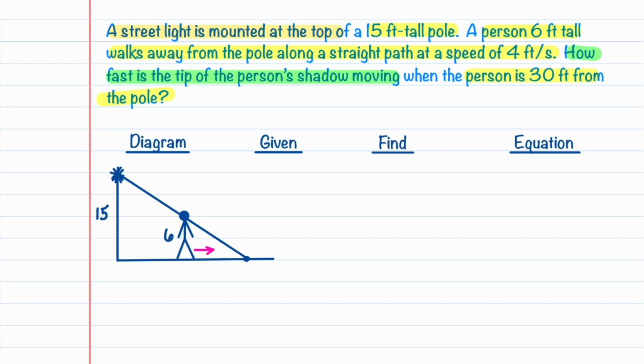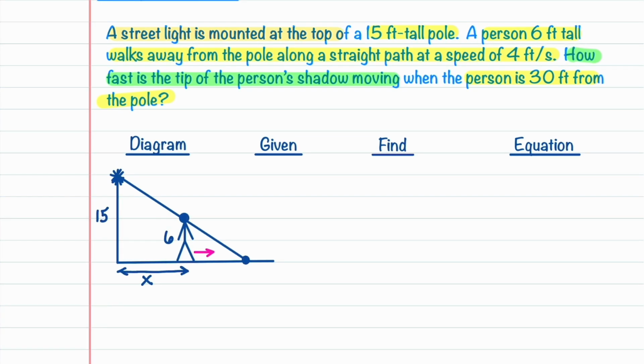So that means we need to set a distance here equal to x, because dx/dt will be the speed that the person is walking. We want to then find how fast is the tip of the person's shadow moving.